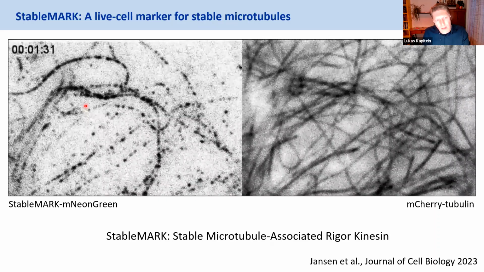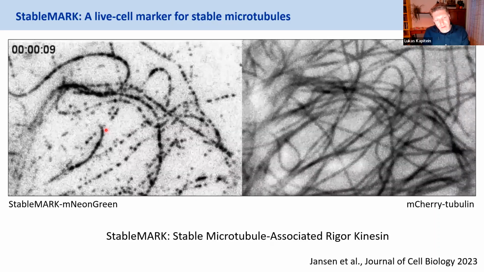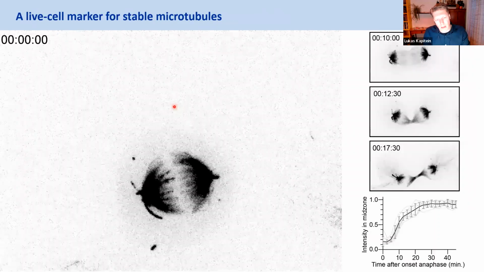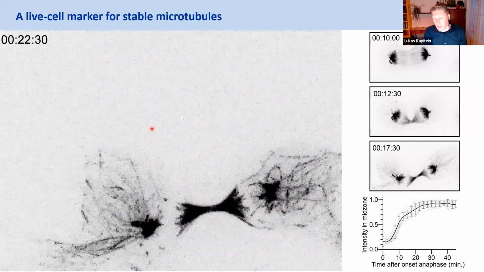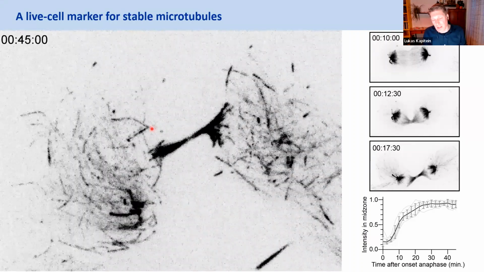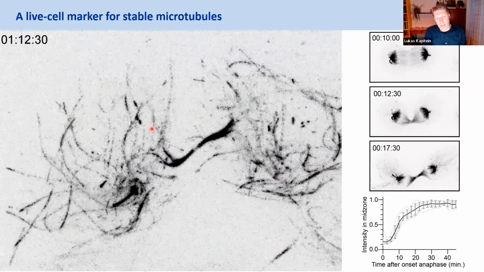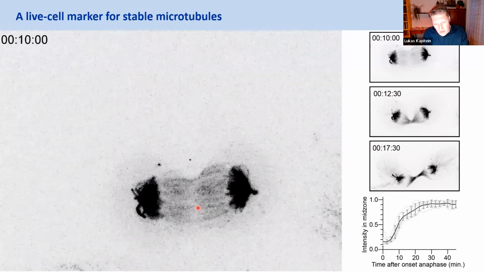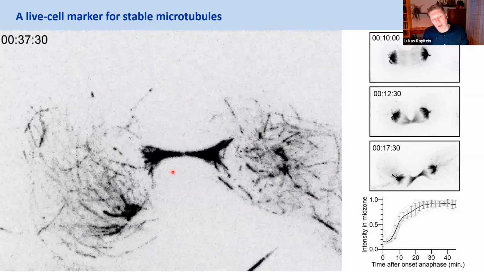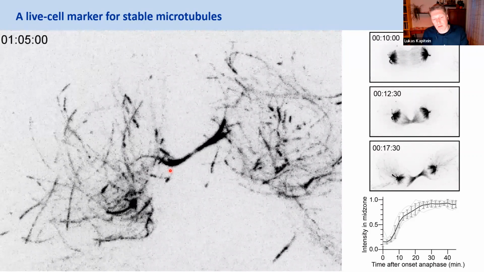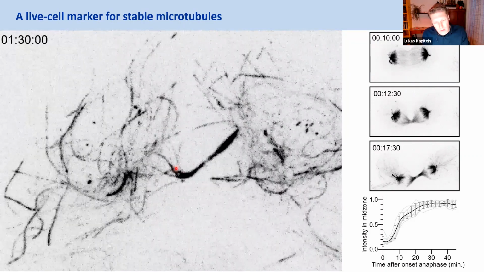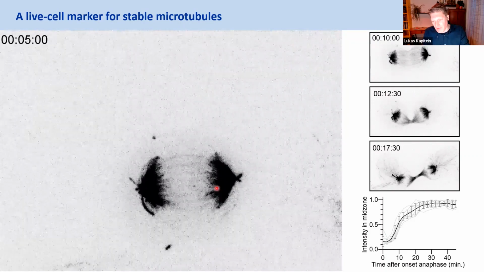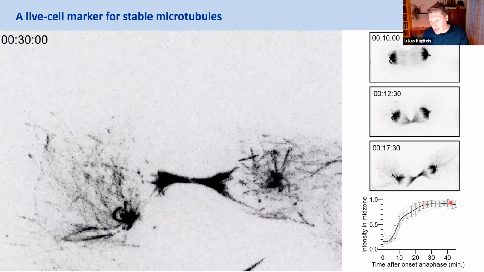So one project we already did with this marker is just one illustration that you can use this marker also beyond studying neurons. Here's an example of cell division, where you beautifully see that just after anaphase and on the onset of cytokinesis, you get this massive accumulation of stable microtubules in the midzone, which was already known based on fixed experiments, which we can now really follow the time course very precisely, and it's very stereotypical.